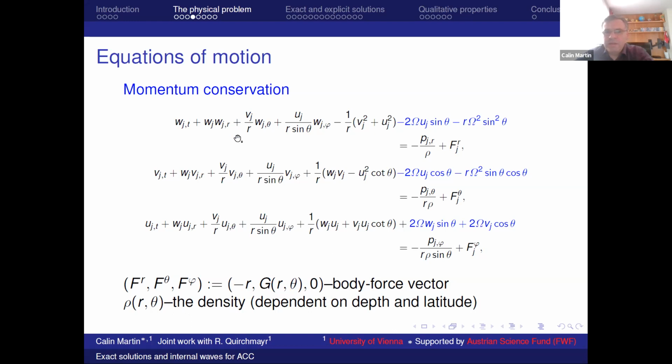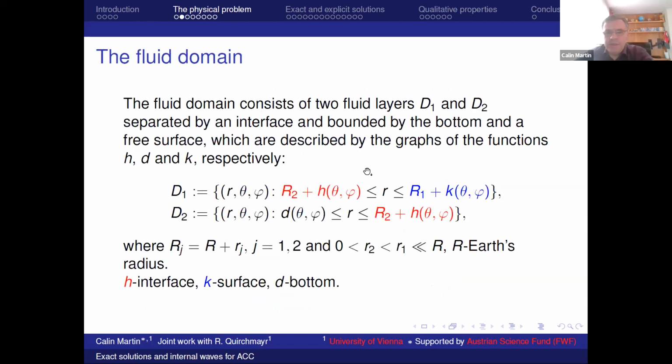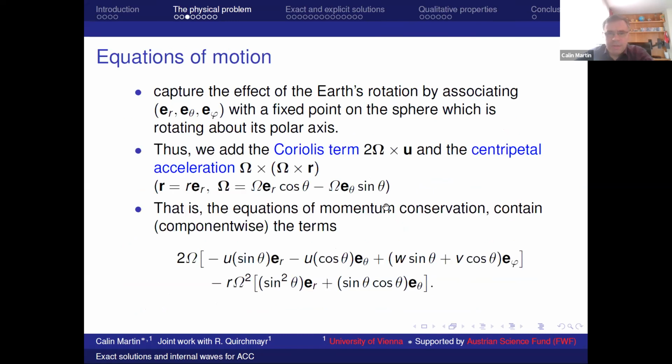The task at hand is to derive a formula for the velocity field and for the pressure, and moreover to determine the interface and the surface. H denotes the interface, K is the surface defining function, and the bottom D is supposed to be given.